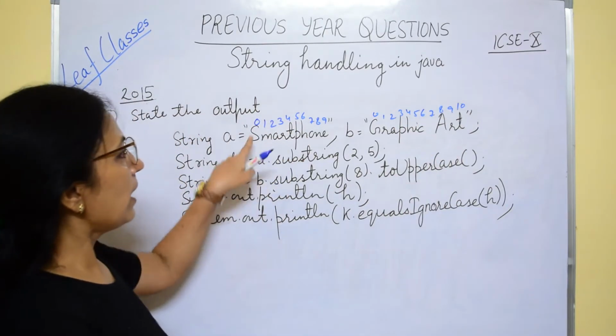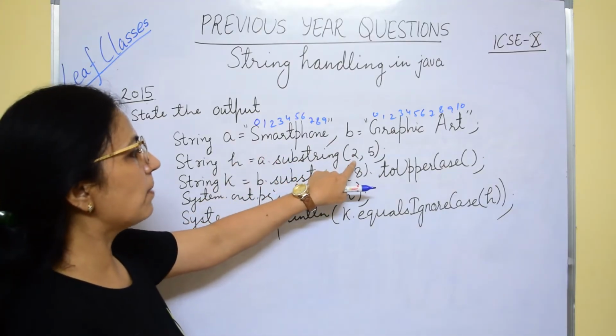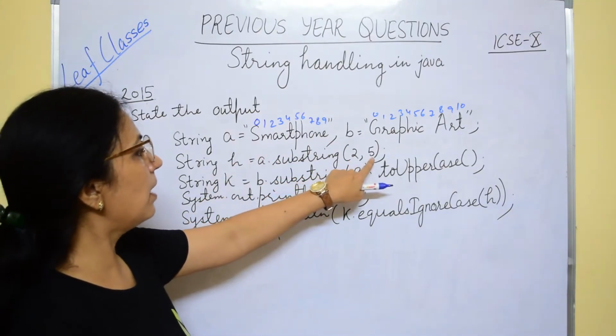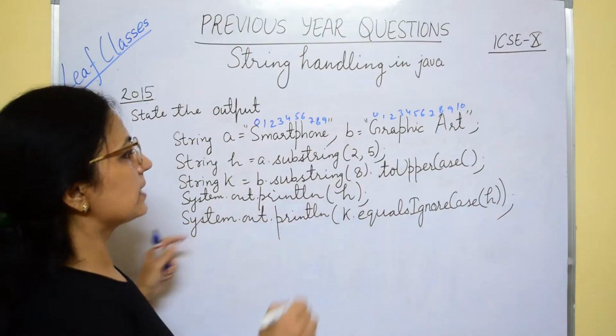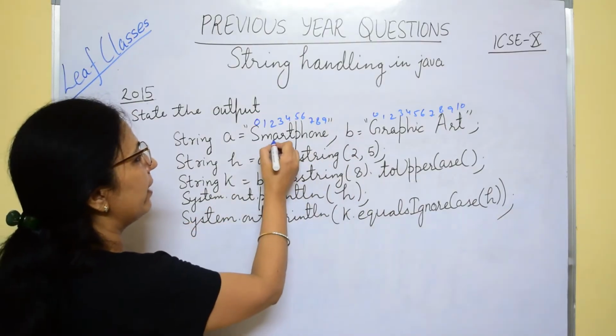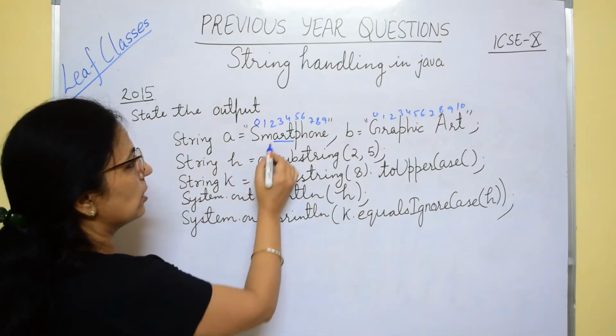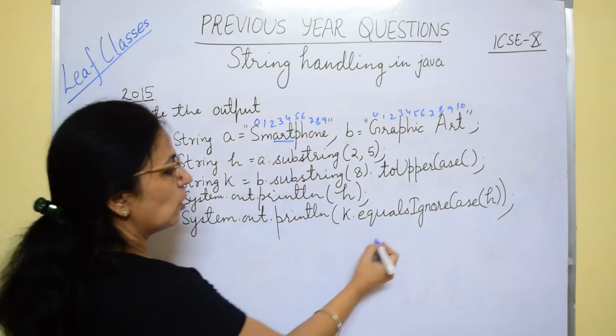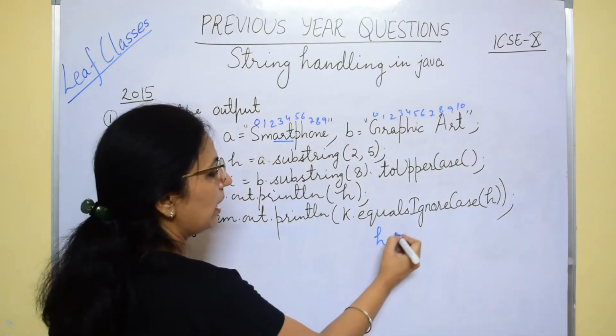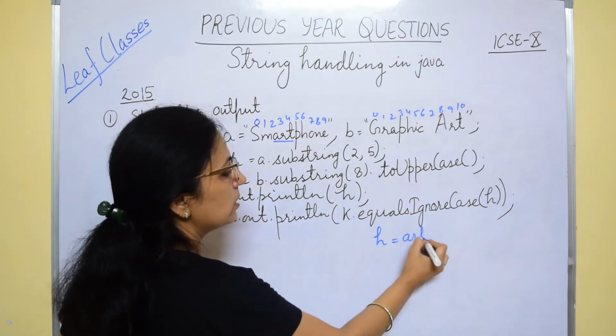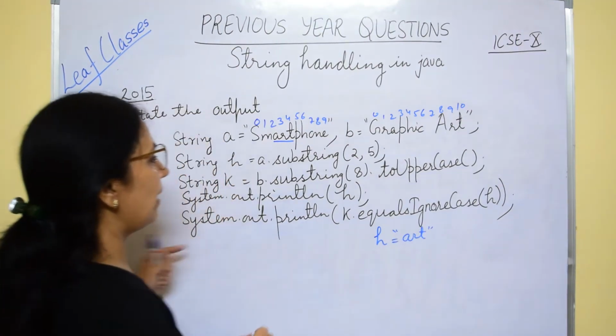So A is smartphone starting from second index number till fifth index number excluding 5 will be stored in variable H. So ART. This is the value of H.